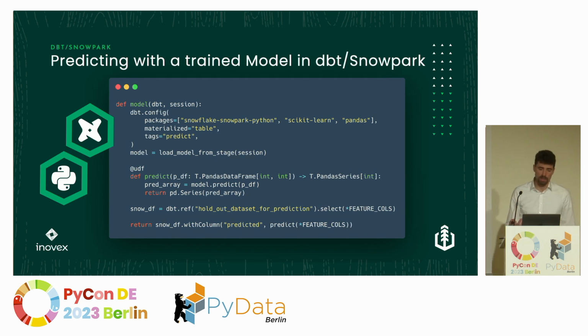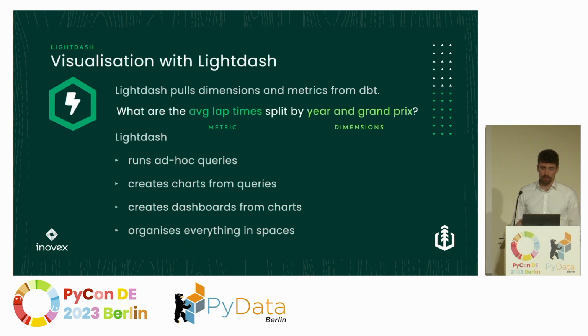And what Snowpark now does for us is that it does all the conversions into pandas and runs this on the Snowpark data frame. So that's, again, really, really simple for a simple use case like this. And so we see that dbt, Snowpark, and Snowflake can be easily combined, and you have the power of Python to use, and not only SQL.